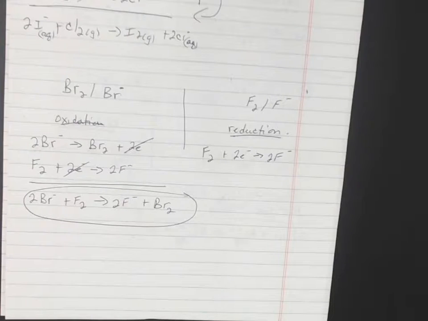Remember, your oxidation number on this is 0. Here it's -1, and there are 2 of them. So to make one Br negative go to Br 0, you lose 1 electron. To make 2 of them, you have to lose 2. The same thing here. You've got 2, so to make both of these F atoms become F2, does that mean it would yield F negative plus 2 electrons?